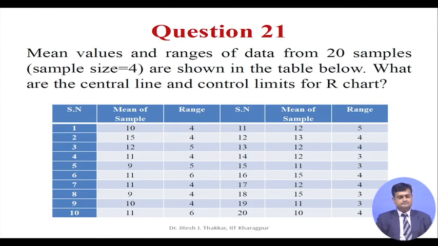Question 21. Mean values and ranges of data from 20 samples, sample size is equal to 4, are shown in the table below. What are the central line and control limits for R chart? Serial number 1 to 10, mean of sample 10, 15, 12, 11 and so on, range 4, 4, 5, 4 and so on, and similarly you have the sample numbers 11 to 20 in the next column.